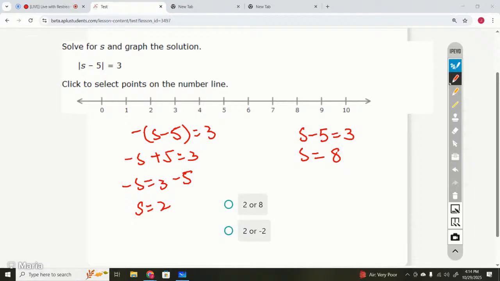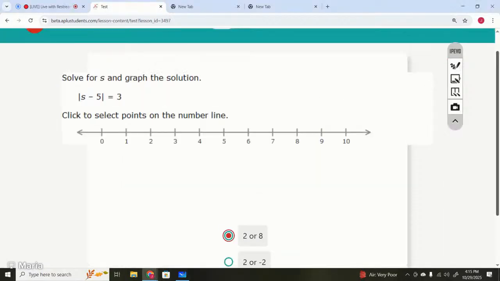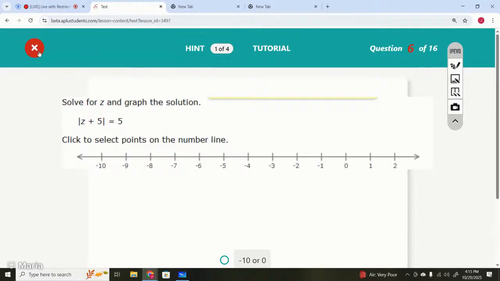So the correct option is 2 or 8. Option number 1 is the correct option. Okay, we are done with the lesson. Let's just move on to the next lesson.